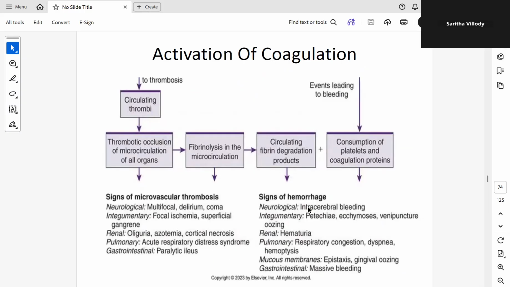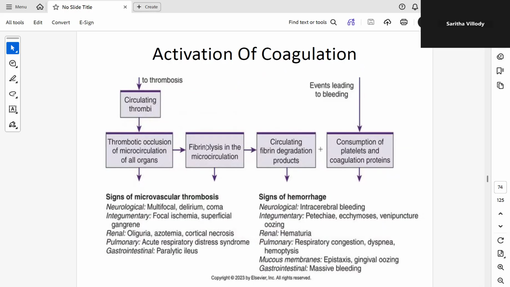So what happens in the pathology here is that activation of the coagulation pathway will result in thrombosis. Okay, the circulating thrombi will go and occlude minor or small blood vessels, causing micro thrombus in the microcirculation.